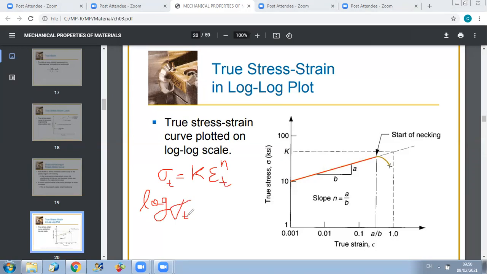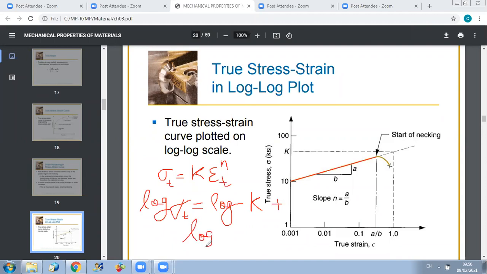is equal to, if you apply log to a product, what do you get? You get log of K, which is a constant number, plus log of epsilon to the power n.